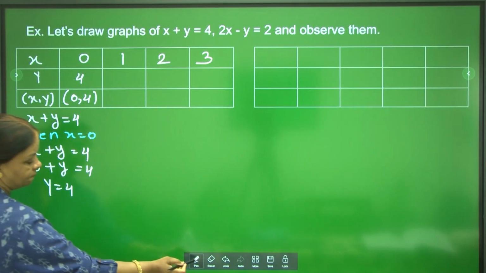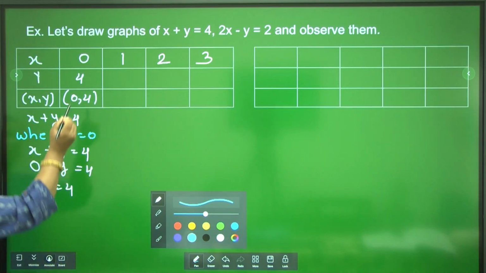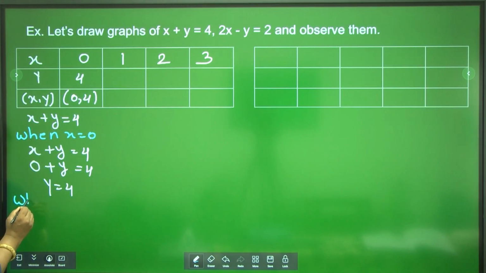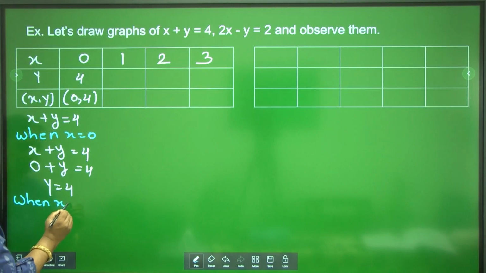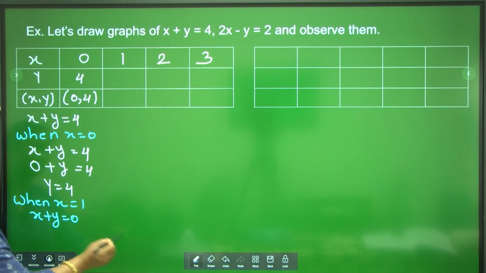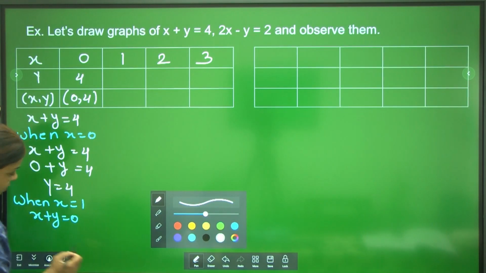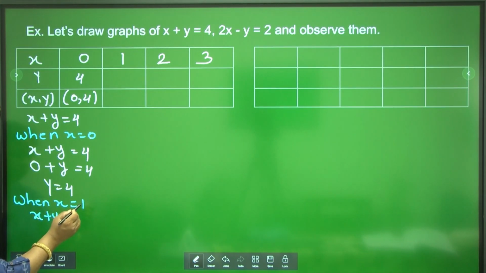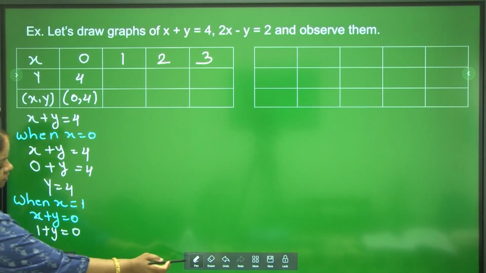Now when x is equal to 1, write the equation x plus y is equal to 4. Then in place of x you will write 1 plus y is equal to, not 0, sorry, 4 it is.